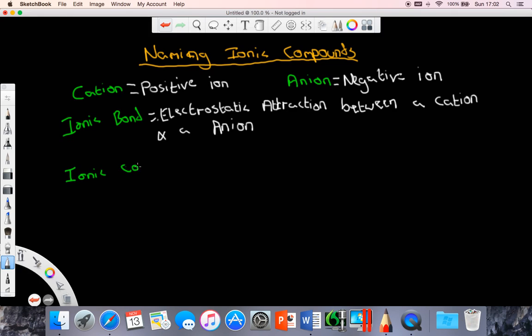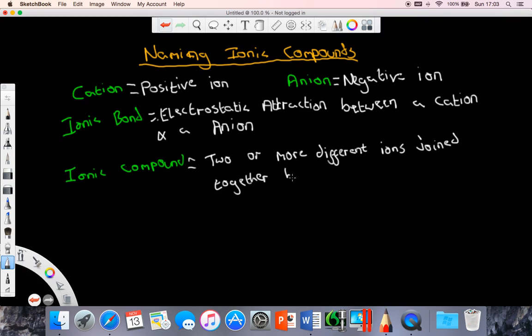An ionic compound can be defined as two or more different ions joined together by an ionic bond.